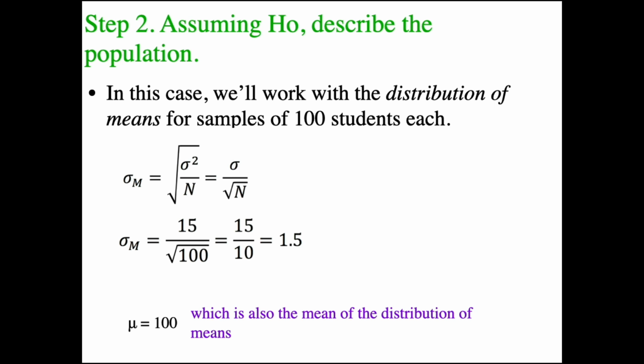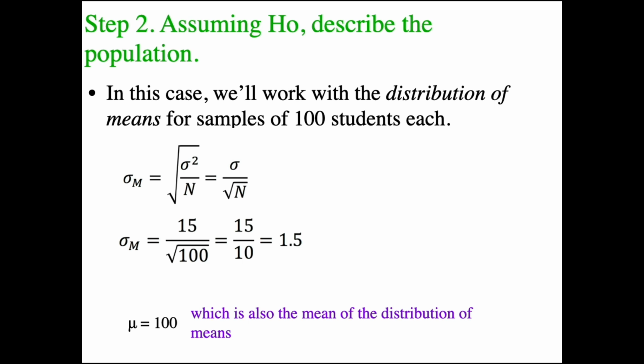In this example, the population standard deviation is 15. So if they come from a population that is normal, doesn't have anything unusual about them, they would have a population standard deviation of 15. So we take that 15, put that in the numerator, and divide by the square root of 100. That's the sample size that we have here. So that would be 15 over 10, or 1.5.